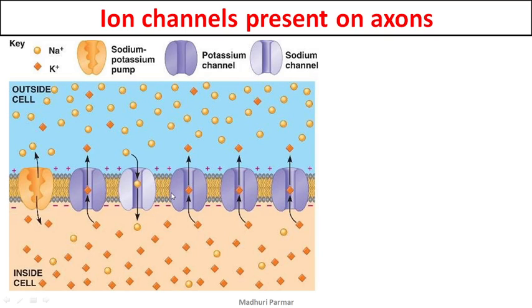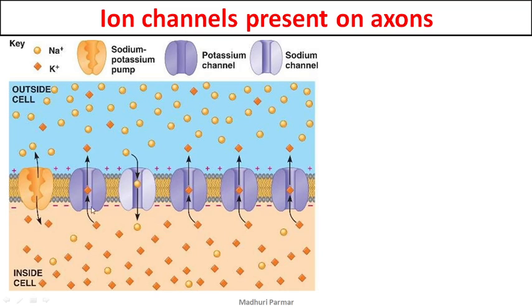It will allow ions to pass only through ion channels, which is simple. Ions are charged particles, so charged particles cannot move across this non-polar cell membrane. They require certain transporters or certain channels through which they can pass.